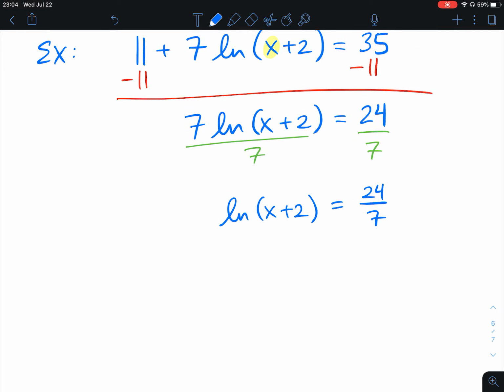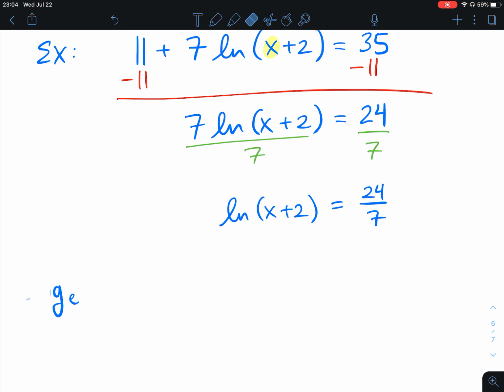An ln stands in our way. Well, we could use a very similar technique as we did in the last example, which is remember that ln is really just a log base e. And if we write it that way, then we could change it to exponential form. So that would definitely work.